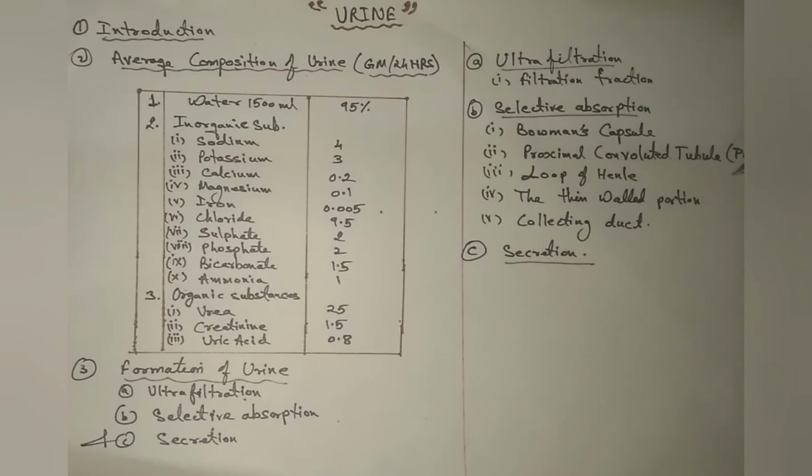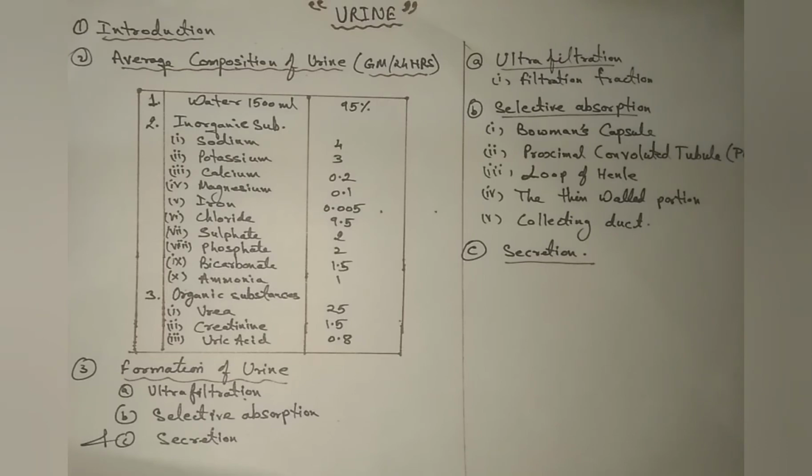Out of this blood, only 650 ml is blood plasma, which is called renal plasma flow, RPF. Thus, we observe that about one fifth of the blood plasma is filtered out in kidney nephrons per minute. Thus, this ratio of GFR and RPF is called filtration fraction.